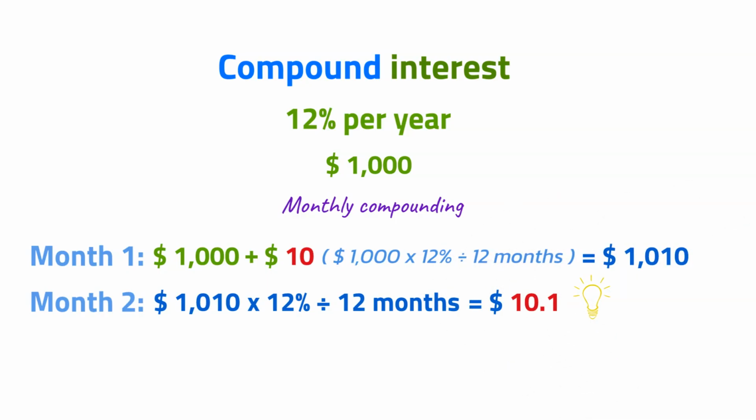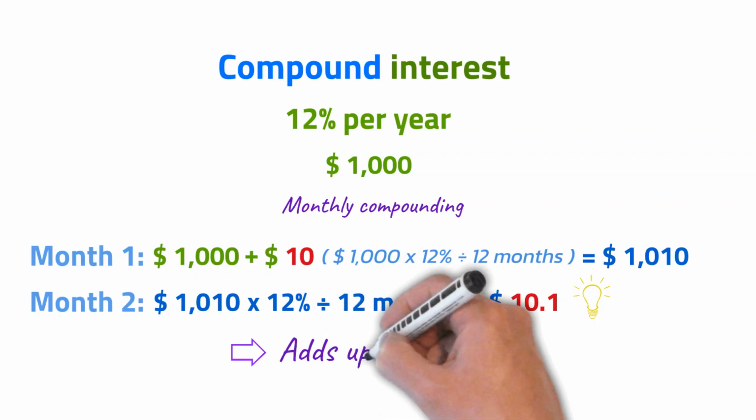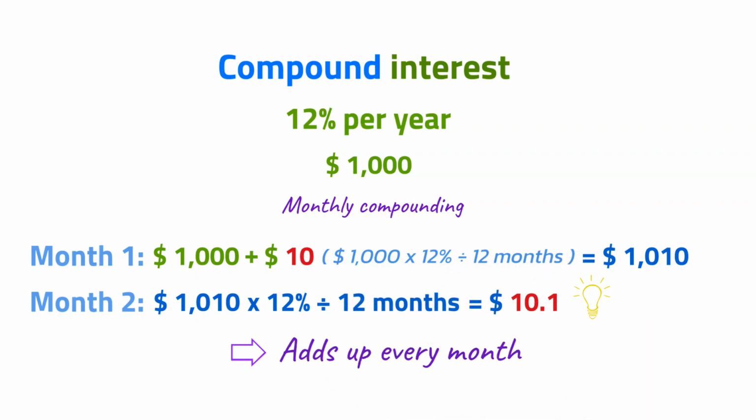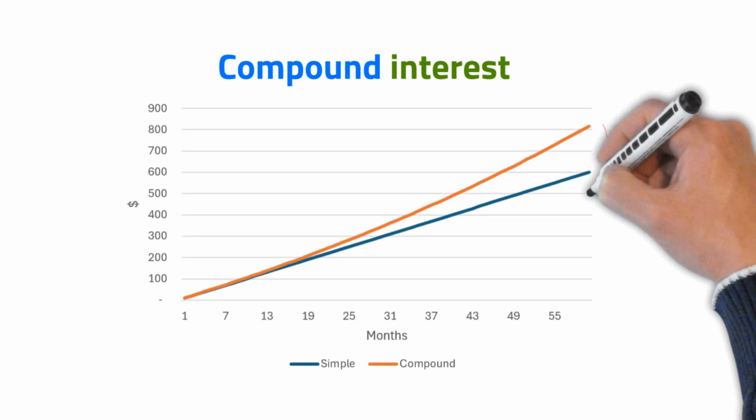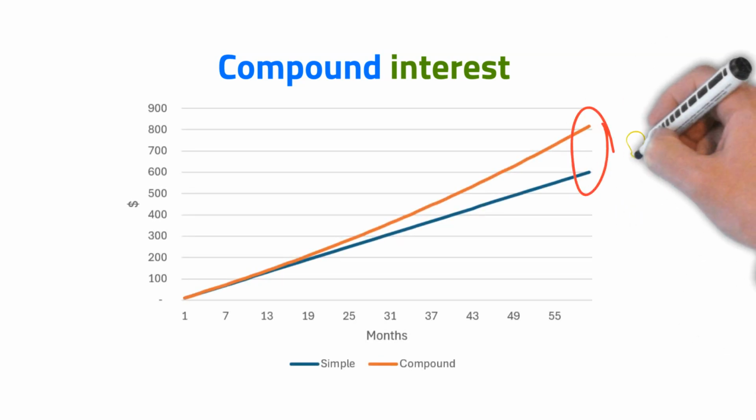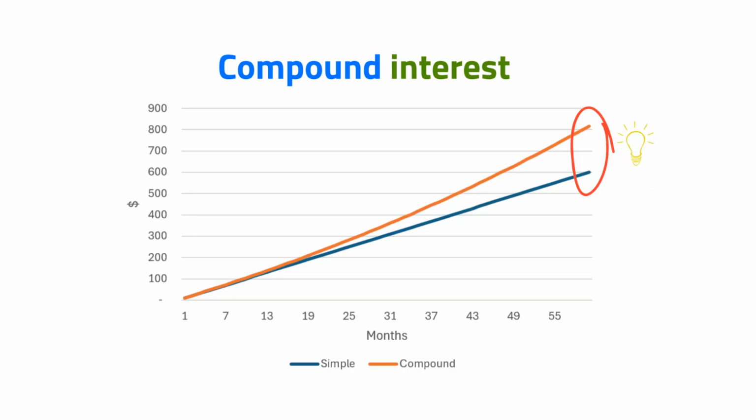It may appear small, but every month it adds up. Look at this graph, a comparison between 12% simple and compound interest with the monthly compound period on a 1,000 loan over 5 years. Then the interest can be fixed or variable rate based.